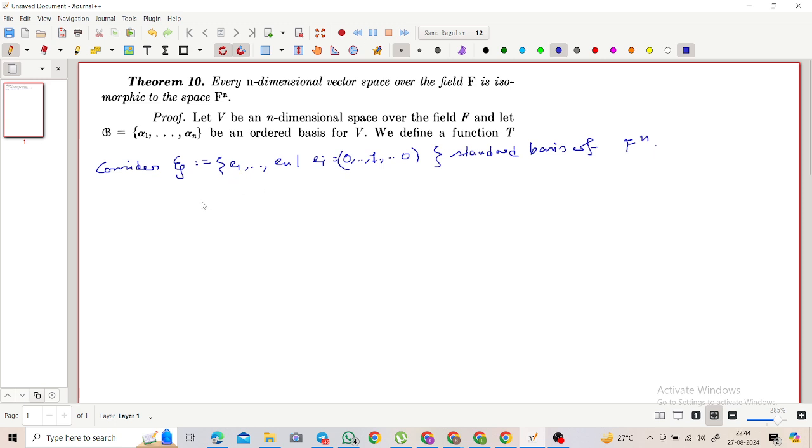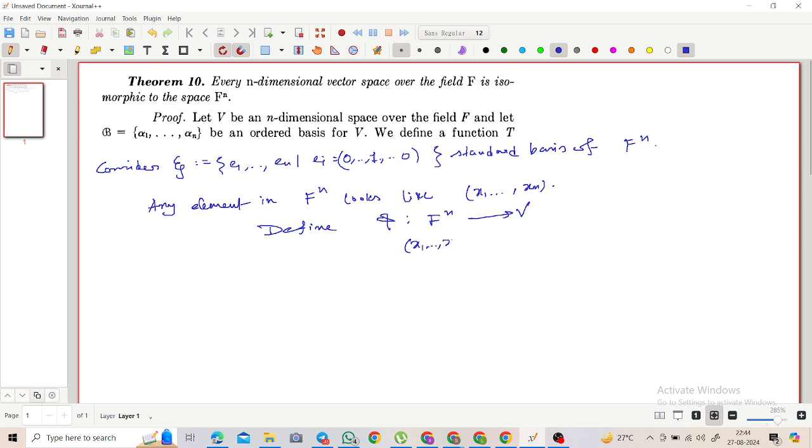So any element in F to the power n looks like x1 to xn. Okay, so define a map phi from F to the power n to V as follows.